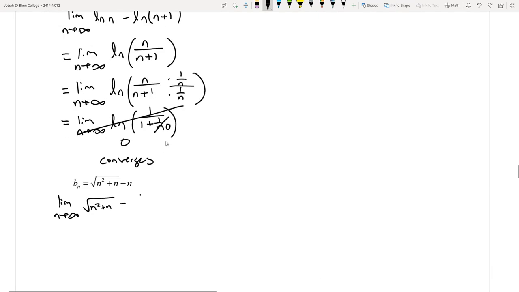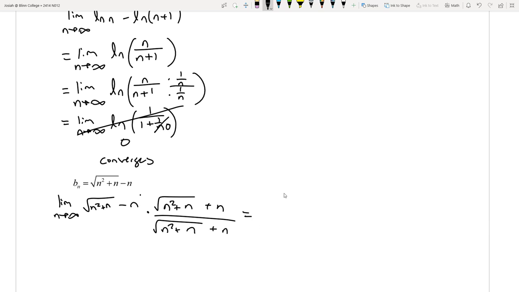And our favorite way to introduce a fraction when it comes to dealing with roots is to multiply by the conjugate. And when we do that, some nice stuff happens.